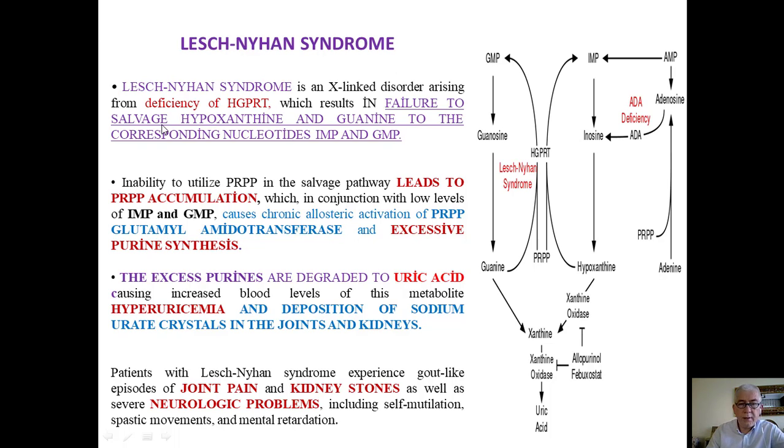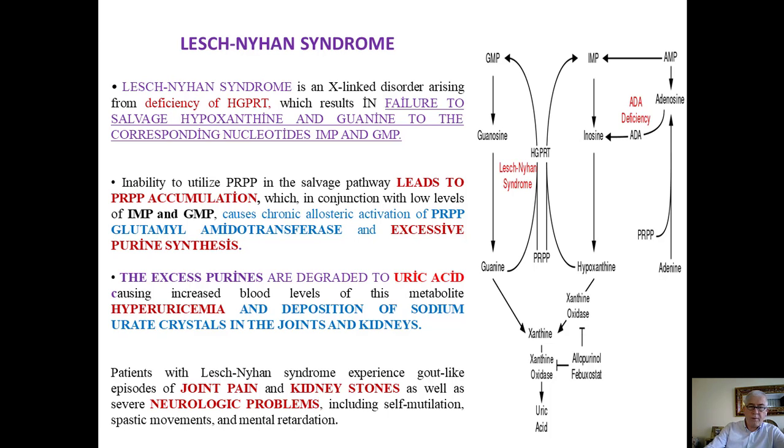Lesch-Nyhan syndrome is a genetic disorder that depends on deficiency of hypoxanthine guanine phosphoribosyl transferase, and results in failure to salvage hypoxanthine and guanine to the corresponding nucleotides AMP and GMP.